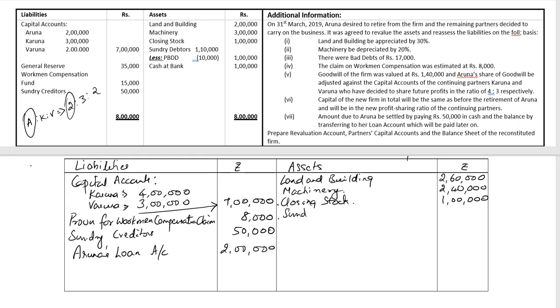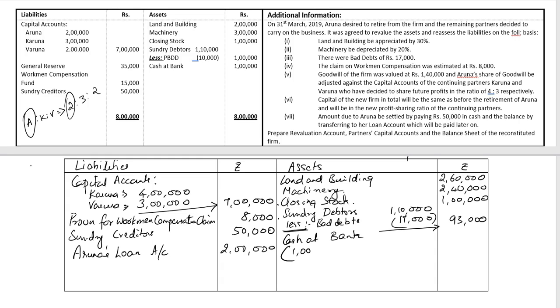Sundry debtors. Original figure 1 lakh 10,000. Less bad debts written off. As per point 3, 17,000 rupees was the bad debts written off. Outer column, the figure is 93,000 rupees. Cash at bank. The original figure is rupees 1 lakh.